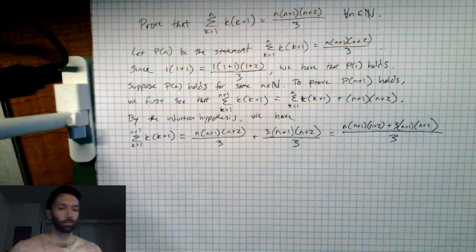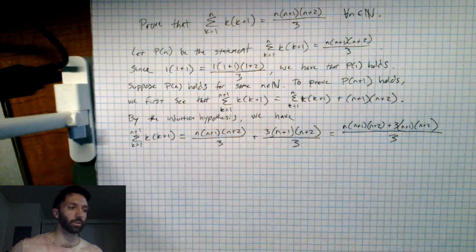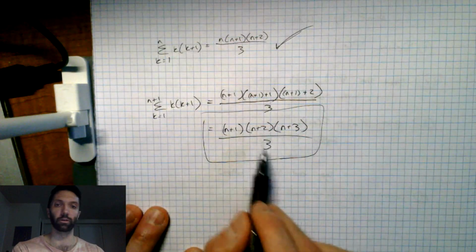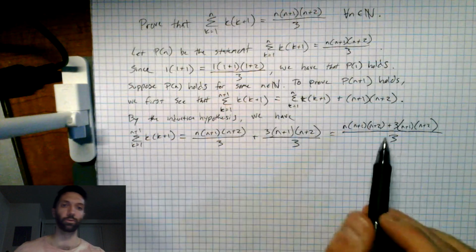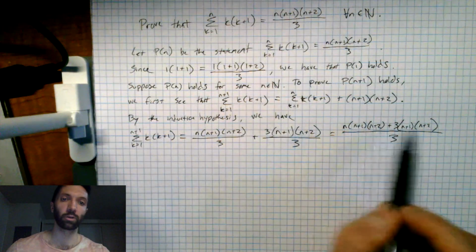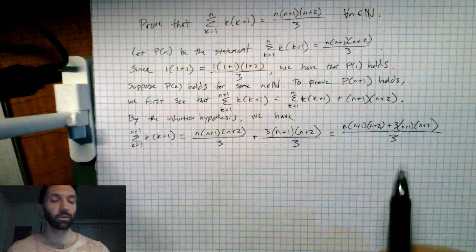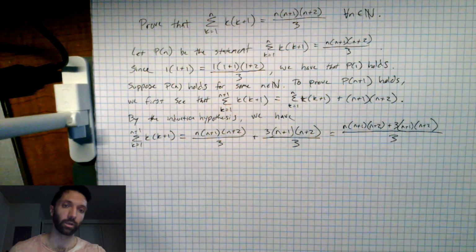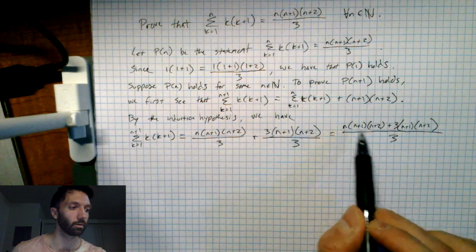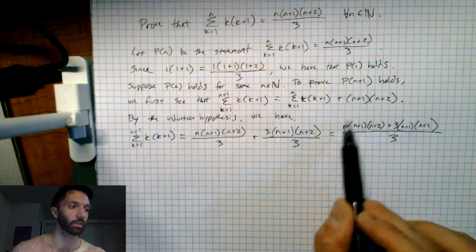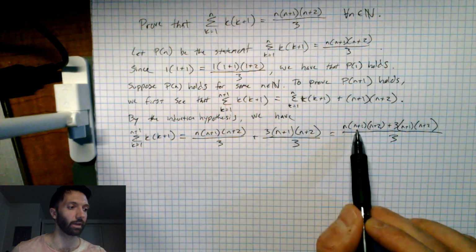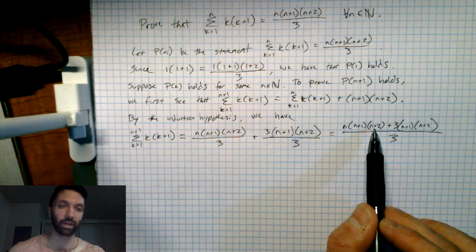And now, again, we're pretty close here, because I had everything over 3 here, just like I do now. So how do we make that numerator look like the numerator that I just showed you? And it turns out we have some common factors that we can factor out. So notice how in this expression here, in this product, I have an n plus 1 and an n plus 2 as a factor.